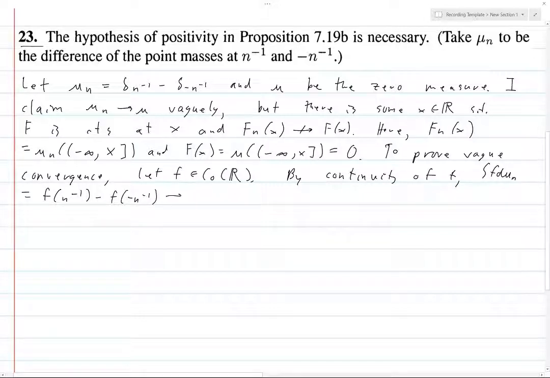And we know that these things, as n goes to infinity, converge to f0, this converges to f0, and the other thing also converges to f0. So that's 0, but that also happens to be the integral of f d mu, since mu is a zero measure. So this holds for every single f in C0R, and thus mu n converges to mu vaguely.